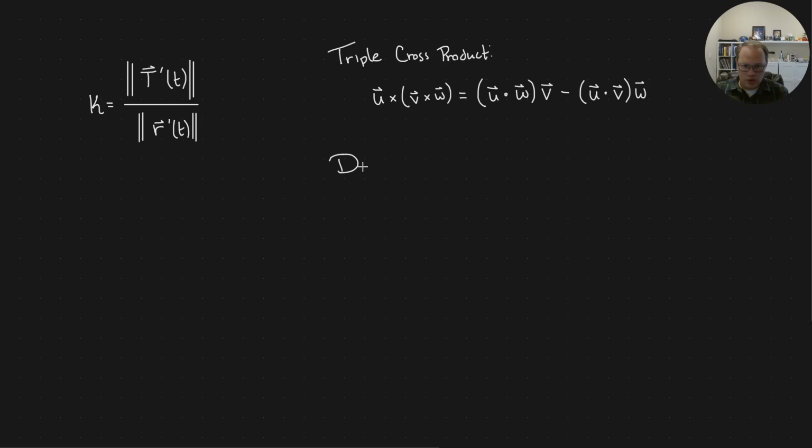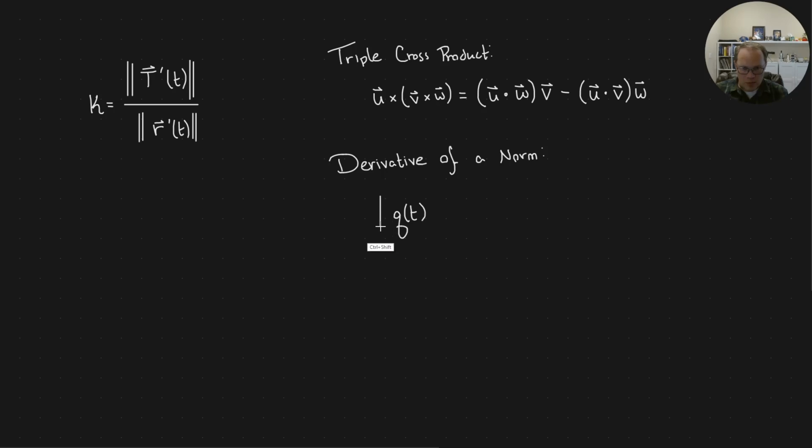The other one is the derivative of a norm. Okay, so say I have some vector valued function, and I don't want to use r because we'll be using that later. I don't want it to look like it's the same one as here. So maybe I'll call it q of t.